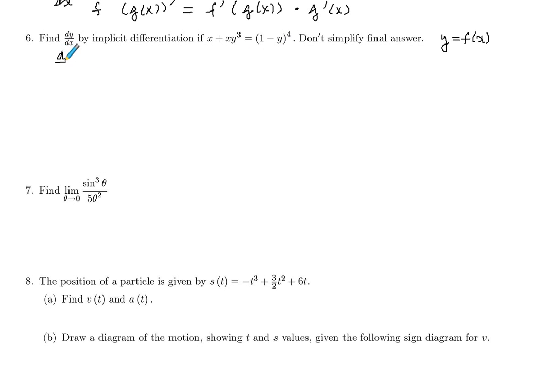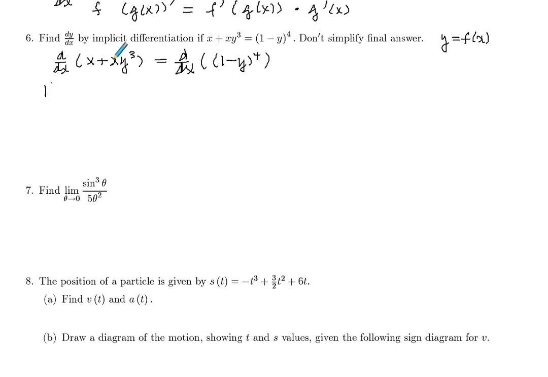So the 2 sides are equal, so then the derivative of this x plus xy cubed is going to be equal to the derivative with respect to x of the right-hand side, which is that 1 minus y to the 4th power. So left-hand side, derivative of x, that's a regular derivative, so that's 1.